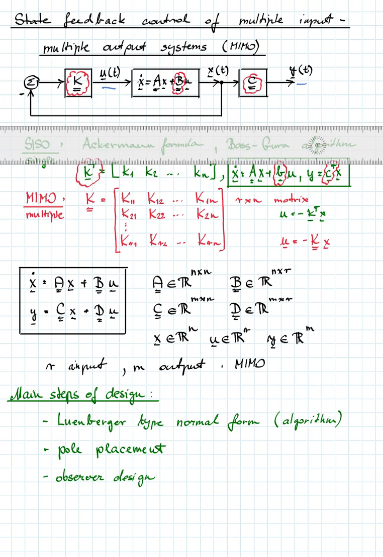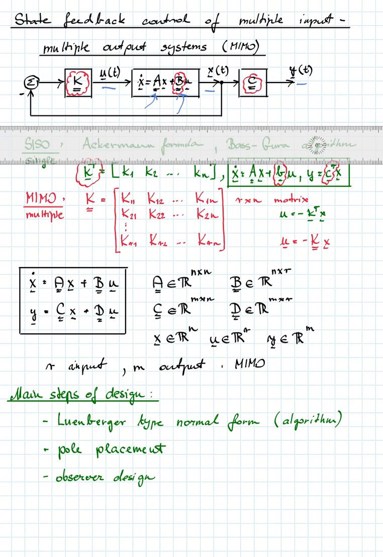The central block is x dot equal to Ax plus Bu. The input of this block is u of t, and the output is x of t, which is the state of the system. The state is usually a vector. So we have got a system matrix A, usually a quadratic matrix, but the input matrix B is now a matrix, not a vector as in the case of SISO systems.